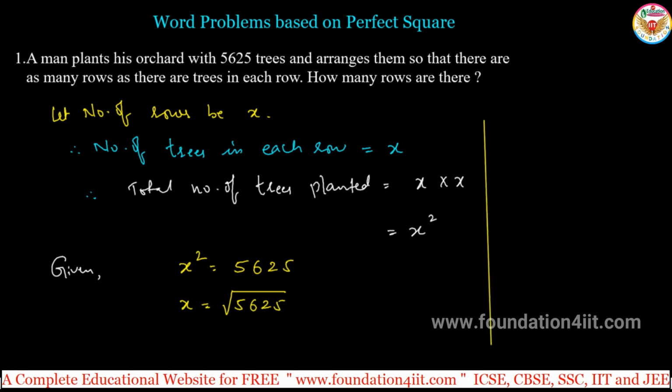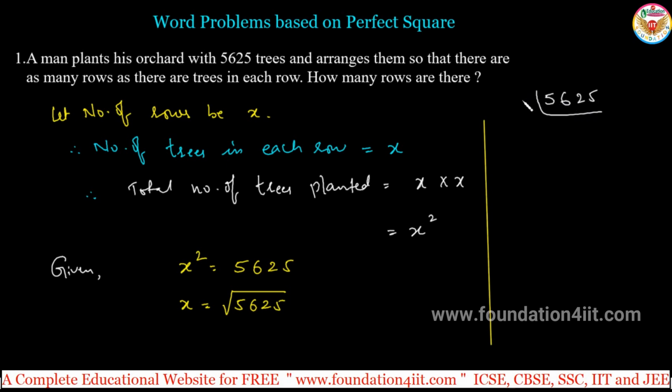Okay, let us do this on this side. For 5625 we need to do the prime factorization method. 5 plus 6 is 11, plus 2 is 13, plus 5 is 18, so it's divisible by 3, right?